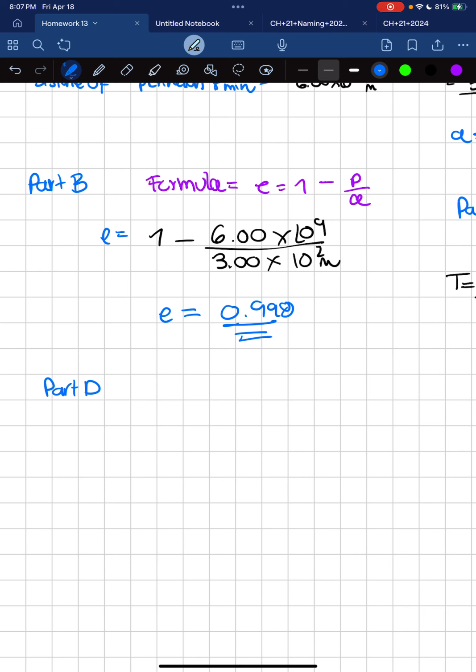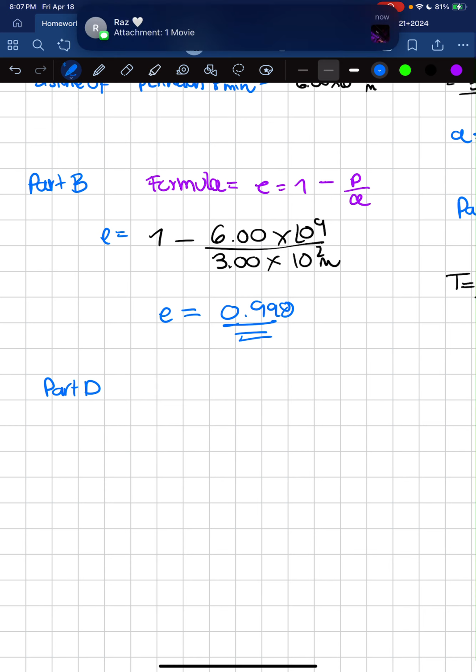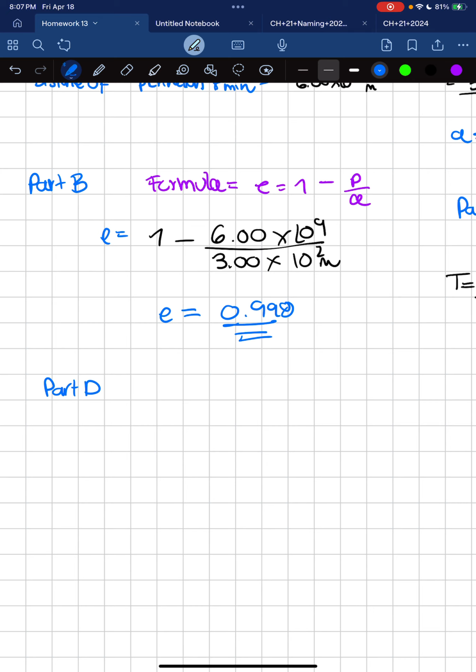Find the semi-major axis. So they gave us the period, and we also have the eccentricity.